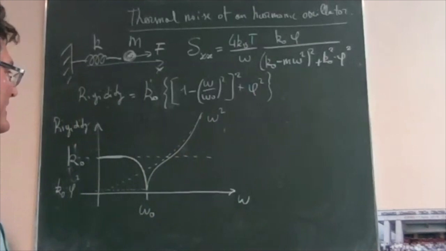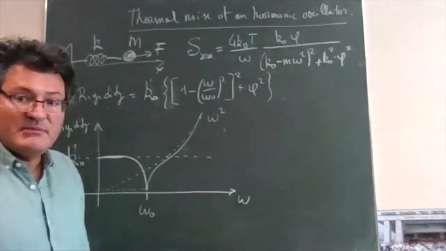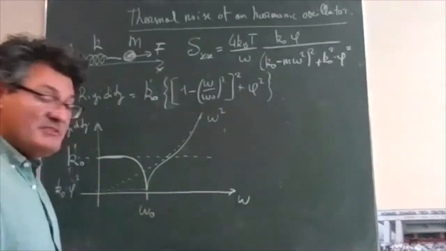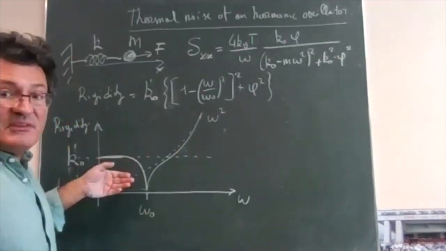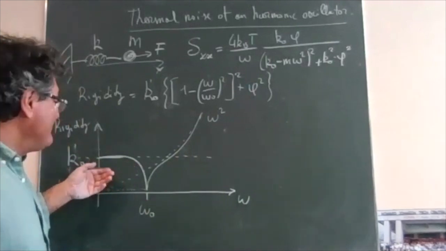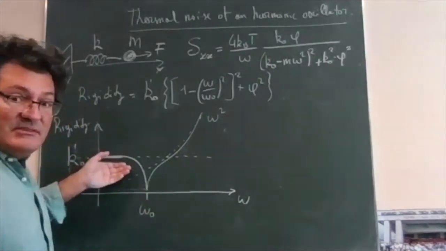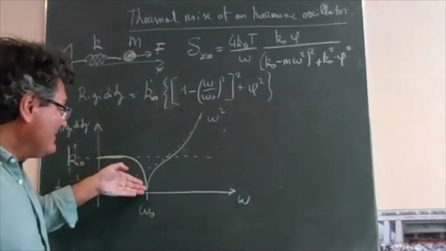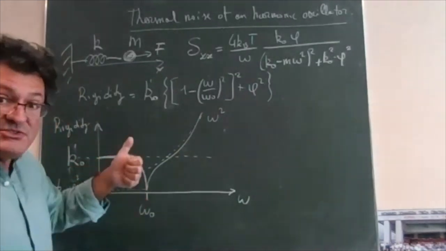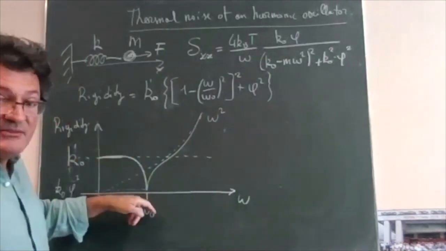So what does it mean from the point of view of thermal noise? Immediately looking at the rigidity, we know that at low frequency the thermal noise is at a certain level. Then the thermal noise becomes larger because the rigidity goes down.